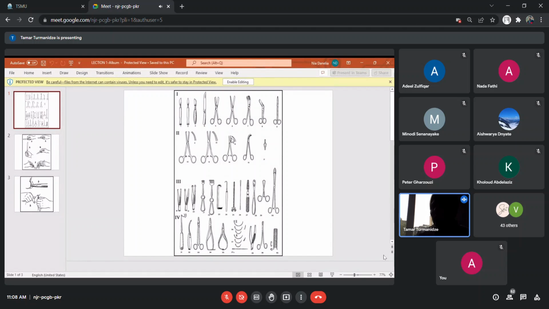The second knot is applied when the clamp is removed. So two knots on the magistral artery during ligation. The surgeon checks that there is no bleeding from the vessel and then applies the second knot.